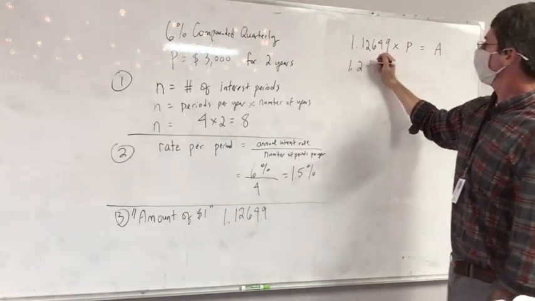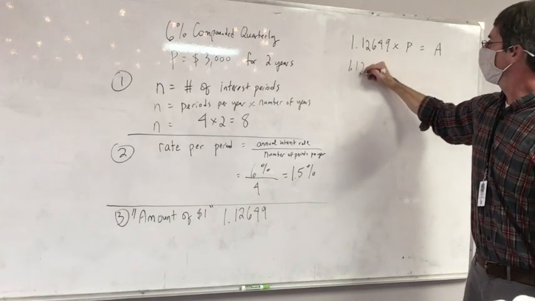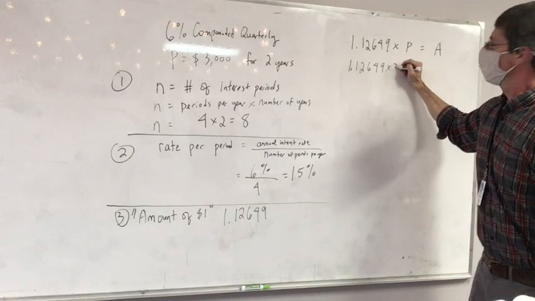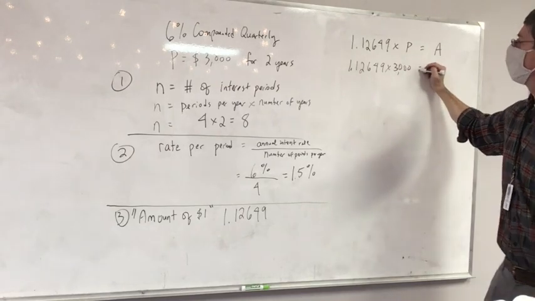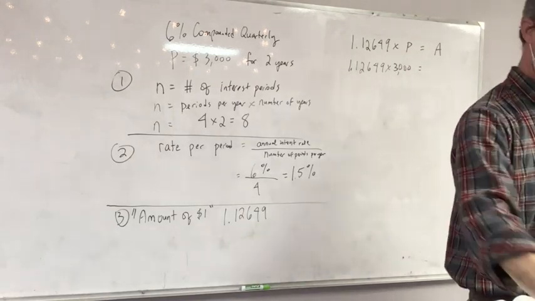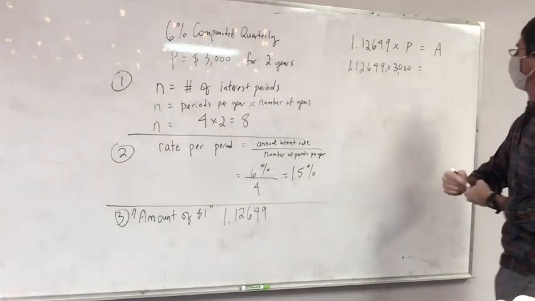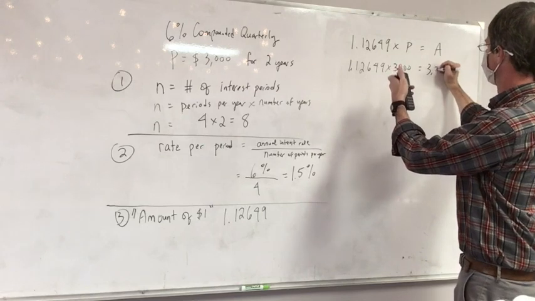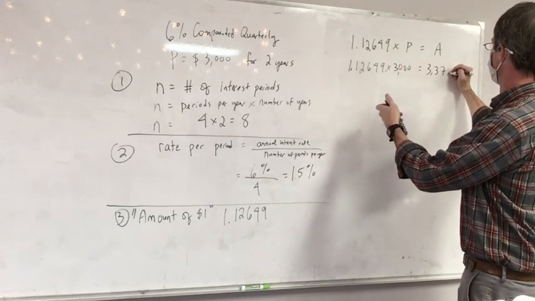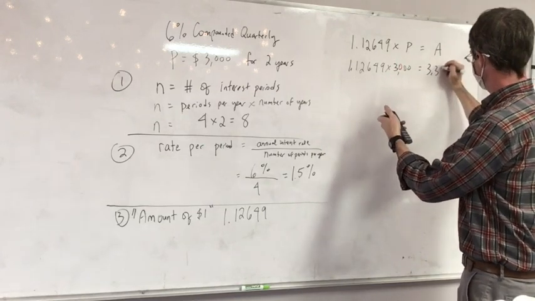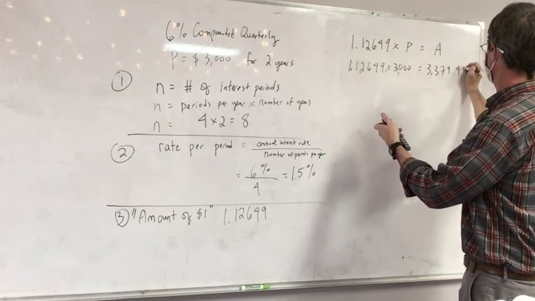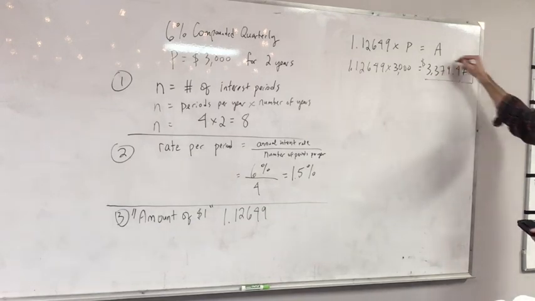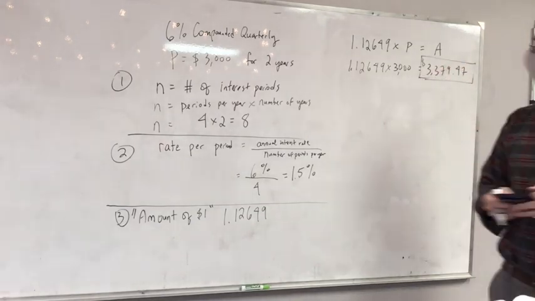So that's going to be 1.12649 times 3,000, right? And that's 3,379.47. Okay, cool.